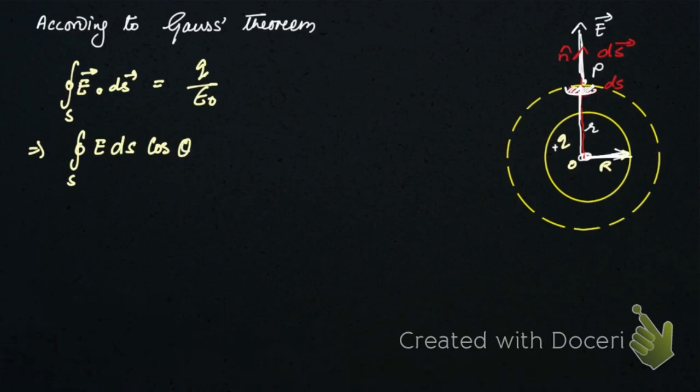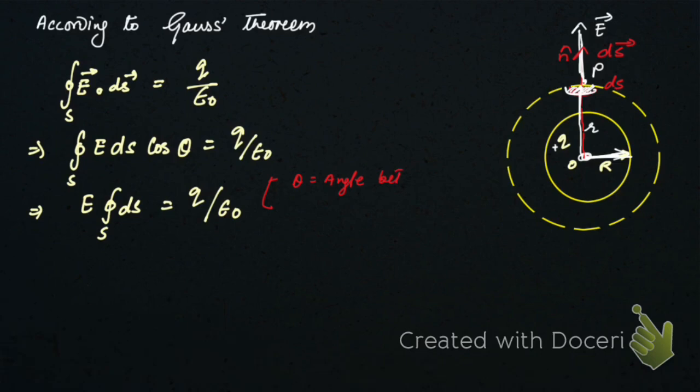Theta is the angle between the vector E and the ds vector, which is equal to 0 degrees. So we can write E times the surface integral of ds, and cos 0 degrees is 1. That is why we have got this relation.